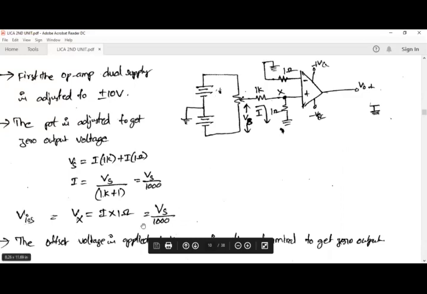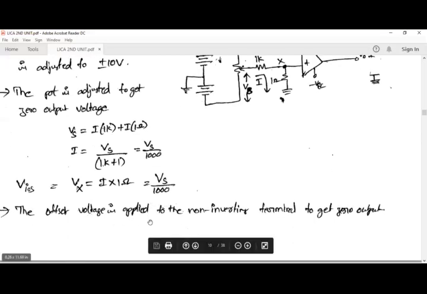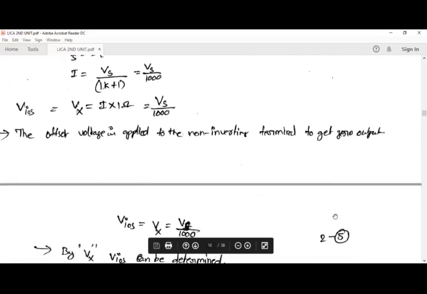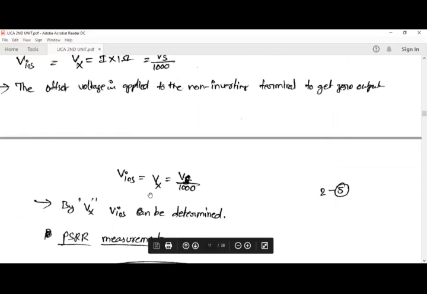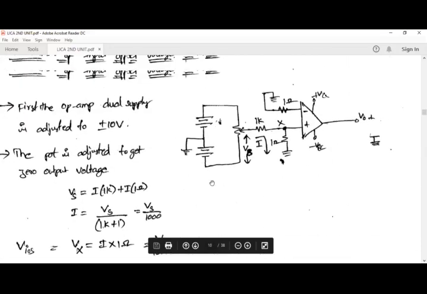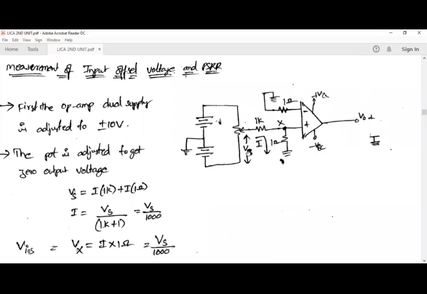So VIOS is equal to Vx, which is equal to Vs divided by 1000, which is a small amount of voltage, in the order of millivolts. So the offset voltage is applied to the non-inverting terminal to get output 0. This is how we measure the input offset voltage, by using this circuit.